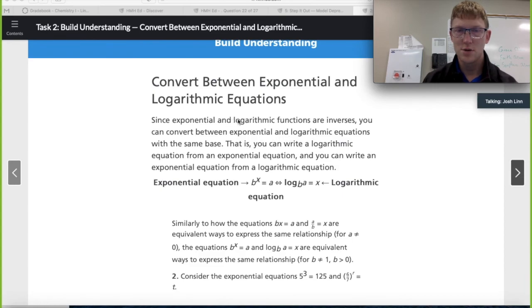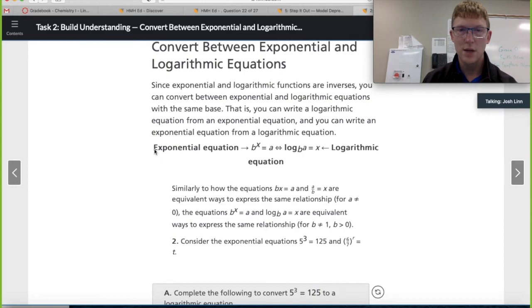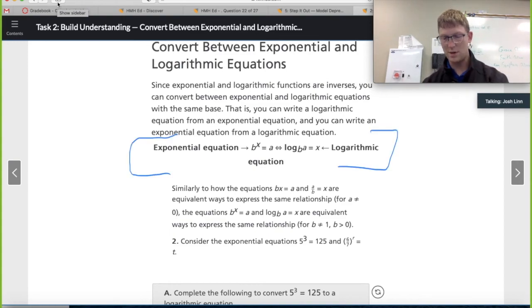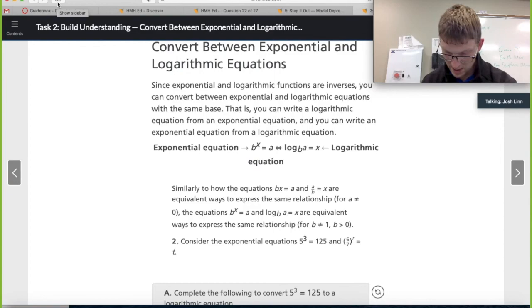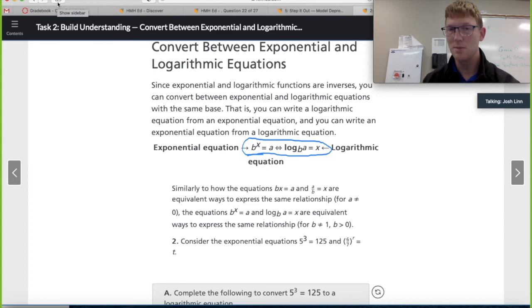So again, we talked about that logarithmics are inverse functions. So here is one of our big takeaways. So this right here is something that you need to remember. So that really needs to be committed to memory.